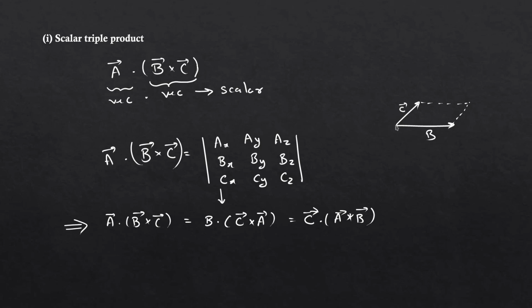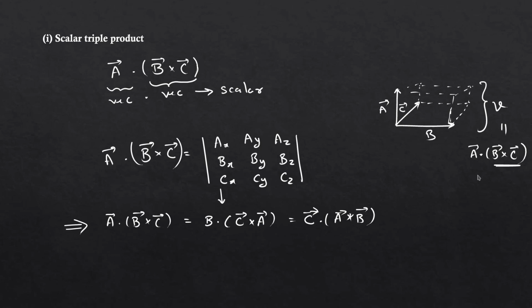If we have another vector A here, and if we make the parallelepiped by this, then A dot B cross C represents the volume occupied by these three vectors. So this whole volume equals A dot B cross C. B cross C represents the area, and if you take the dot product of another vector, that represents the volume occupied by those three vectors.